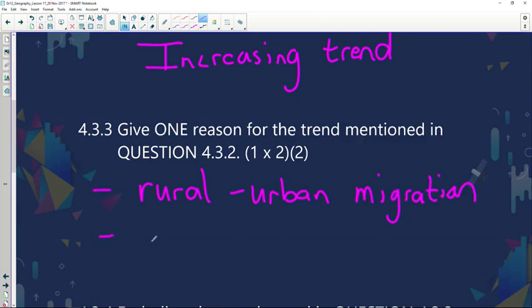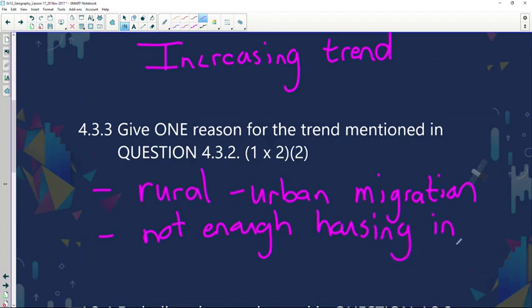And there's not enough housing in urban areas. So immediately it's a chain reaction. There's a huge influx of people moving from the rural areas to the urban areas. And then because the urban areas are developed or the infrastructure has already been planned, it means there's not enough housing for the people moving from the rural to the urban areas.